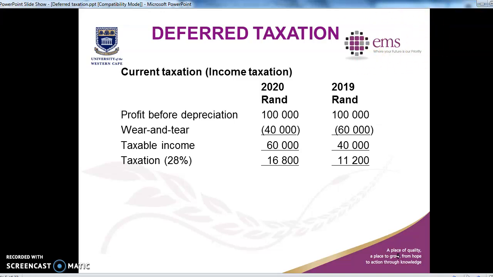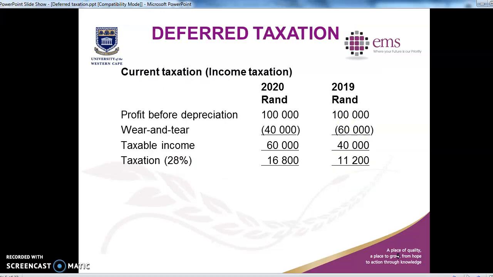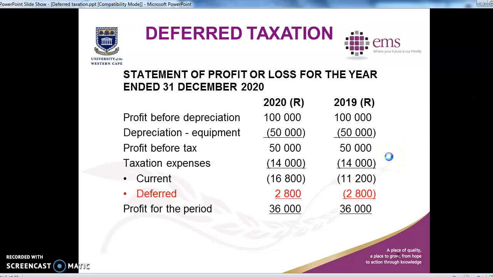Alright, next slide. Let's start in chronological order, right? 2019. In the statement of profit and loss, we have our profit before depreciation, which is 100,000. We have our depreciation of 50,000, and then our profit before tax is 50,000. For 2019, our current tax was 11,200.